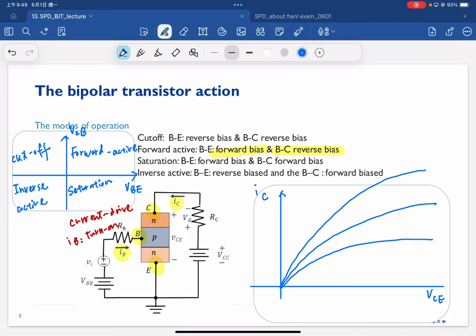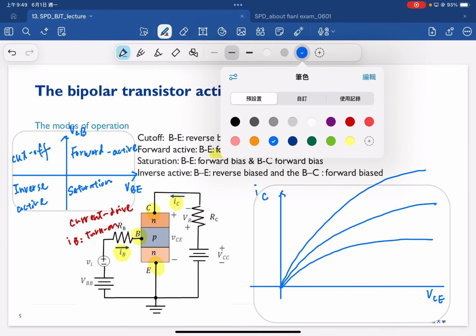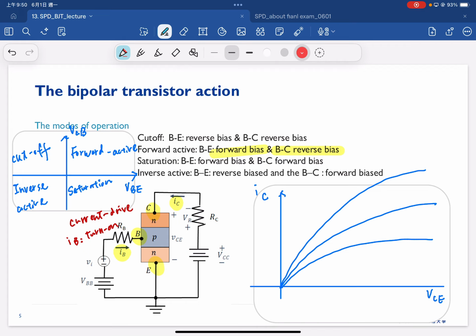The main difference between the MOSFET and the BJT is that we need to increase the base current. As long as we have a higher base current, then we can have a higher collector current. That's why we consider this a current drive device, because we need to have the base current here.